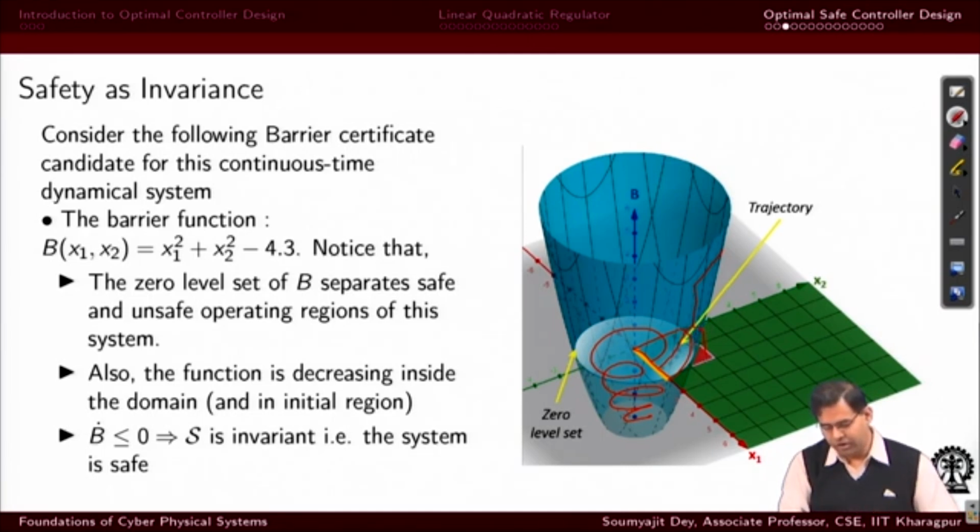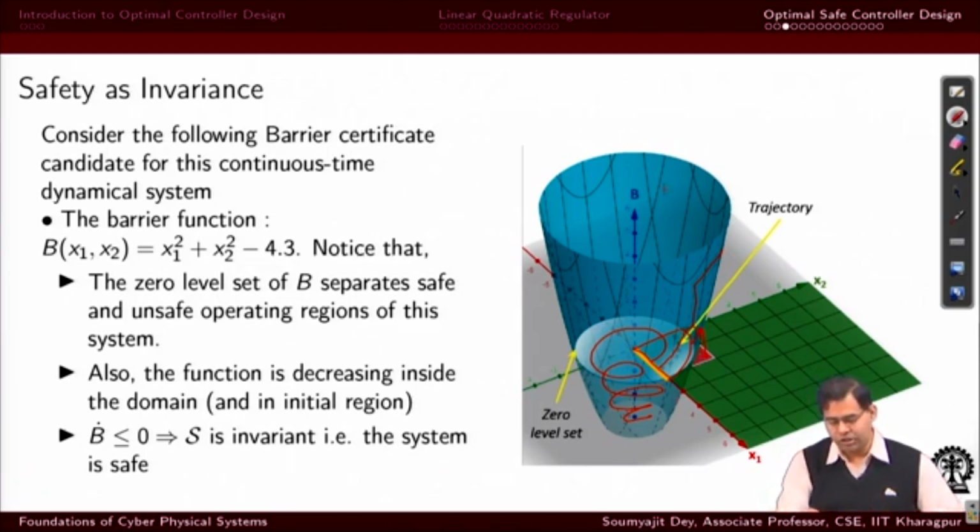If I allow the barrier value to increase beyond 0 to a positive value, it is possible that I will come here. If I come here, that means the barrier value is coming here, that means the corresponding x1 and x2 values are here. So, it becomes unsafe. So, we make a subset of the allowed safe region to be my safe set, and we make a superset of the allowed unsafe region to be unsafe.